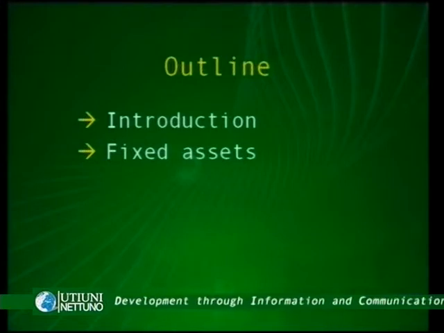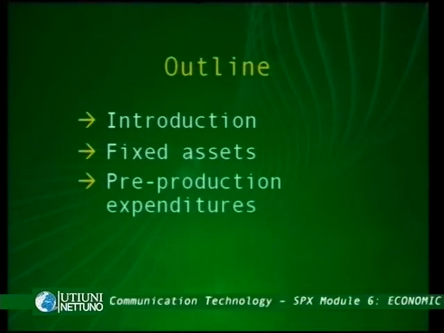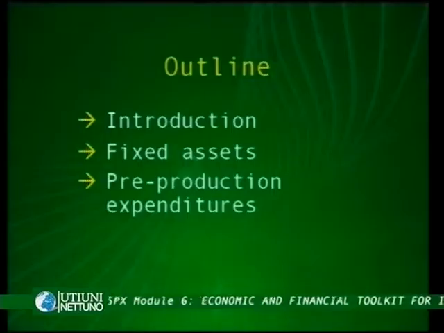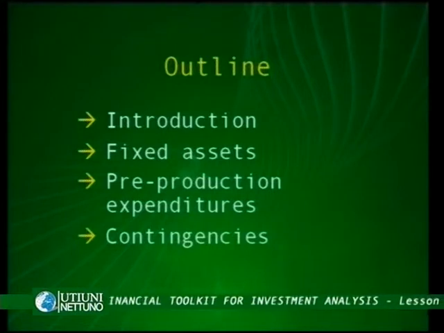Then we'll talk about one of the main aspects of investment costs that are fixed assets. Then we'll talk about pre-production expenditures, that is another component of the investment costs of a project. Then we'll discuss contingencies that are related to unforeseen higher costs and expenditures in the life of a project.